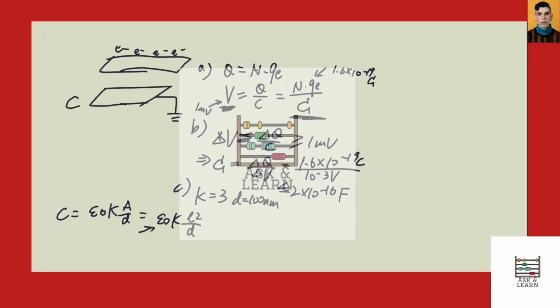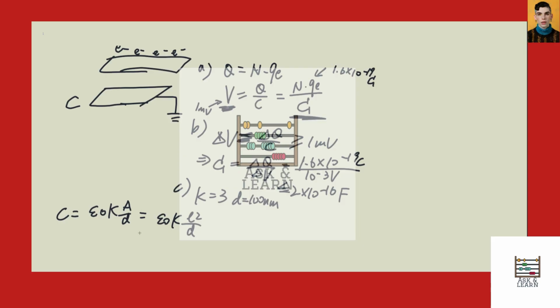What this is saying is that we already determined that the capacitance cannot be larger than 2 times 10 to the negative 16 farad. And now we have to go into the construction of a capacitor. A capacitor has this formula: C equals epsilon naught K times A over d, and A, because it's a square, is L squared over d.